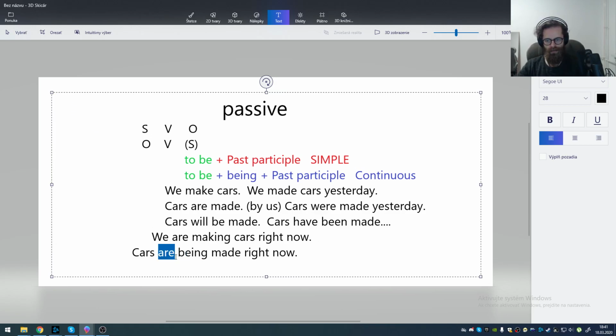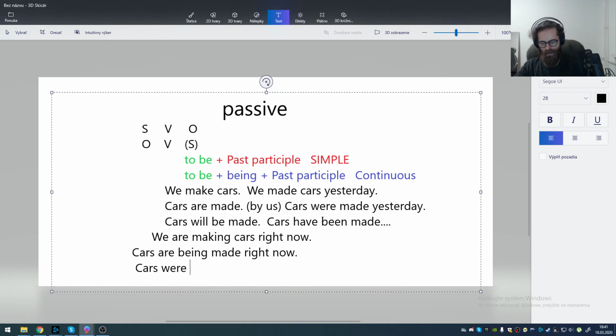Are being, the are, it's to be. Being, it's copied. Past participle right here. Cars are being made right now. And again, it doesn't matter what the tense is. Cars were being made at that time. Are, present, future. And there you have it.